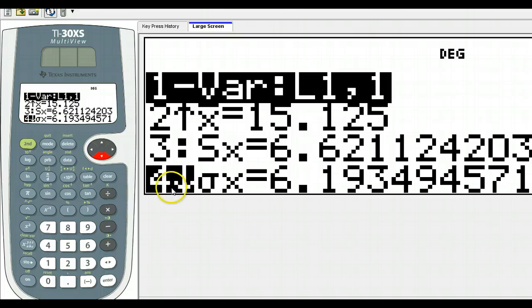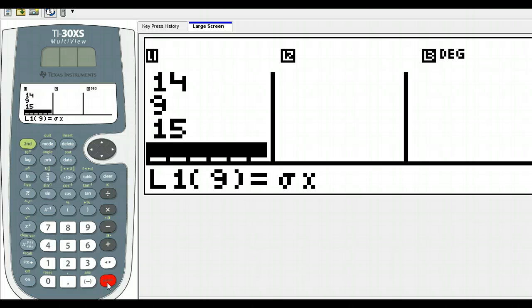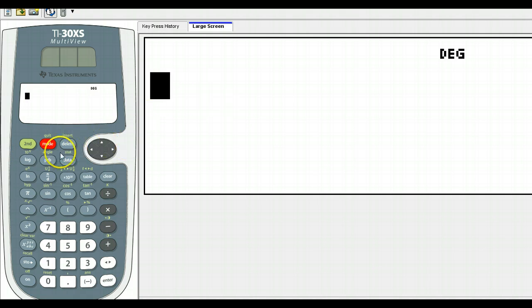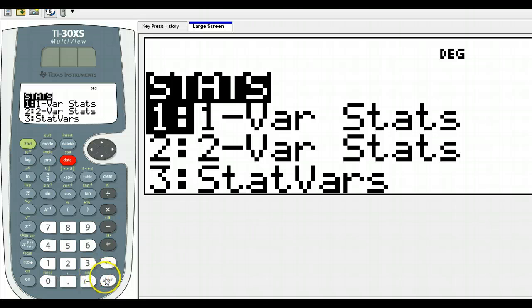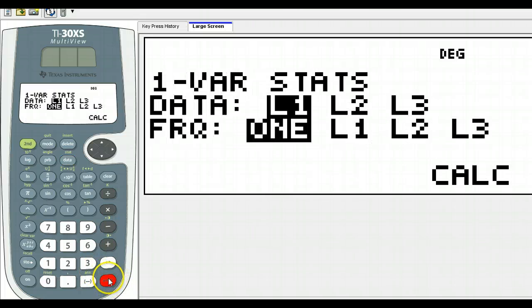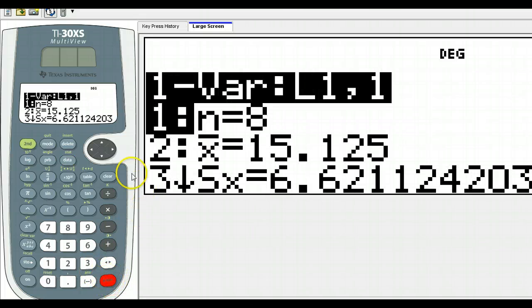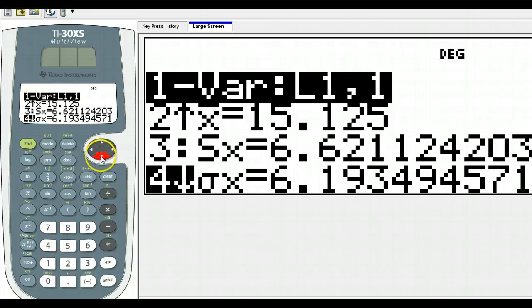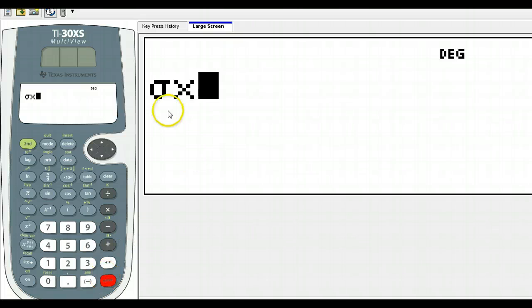See how I have the 4 highlighted right now? If I hit enter, okay, I forgot I was in a table. Hold on. Let me start from a blank area and go back to my statistics area. So second, data, 1 variable, statistics, enter, enter, enter. Now I'm back. Okay, if I go to item 4 and hit enter, notice how it prints the little standard deviation symbol.